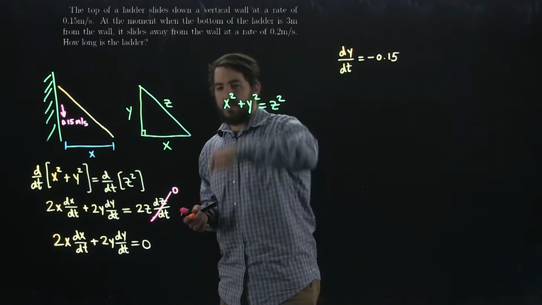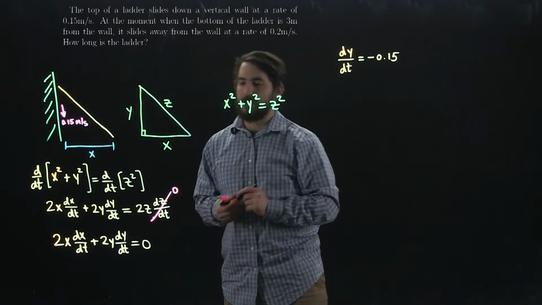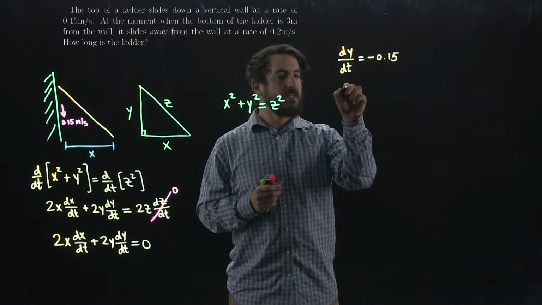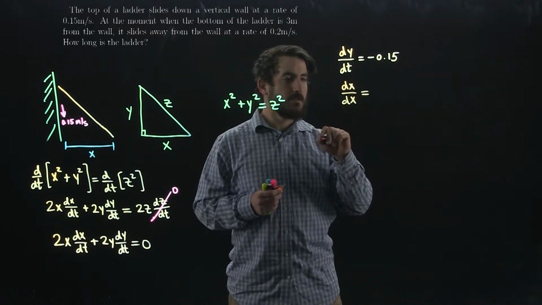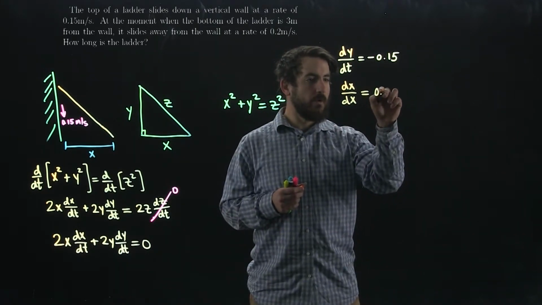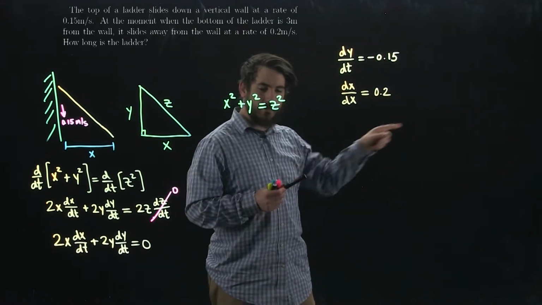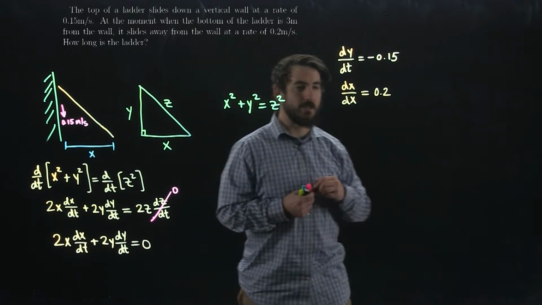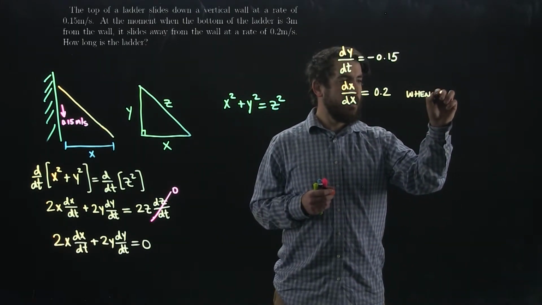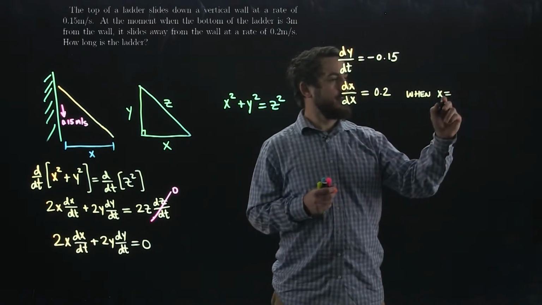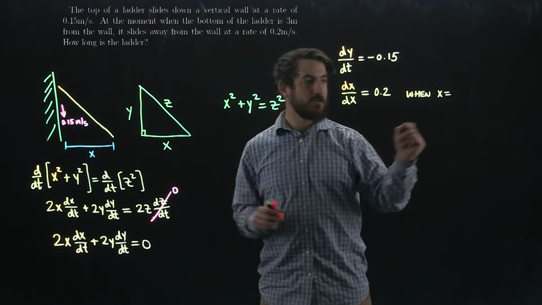It's negative because it's going in the downward direction. We know dx/dt equals 0.2, and it's positive because it's moving in the positive direction, when x equals 3.